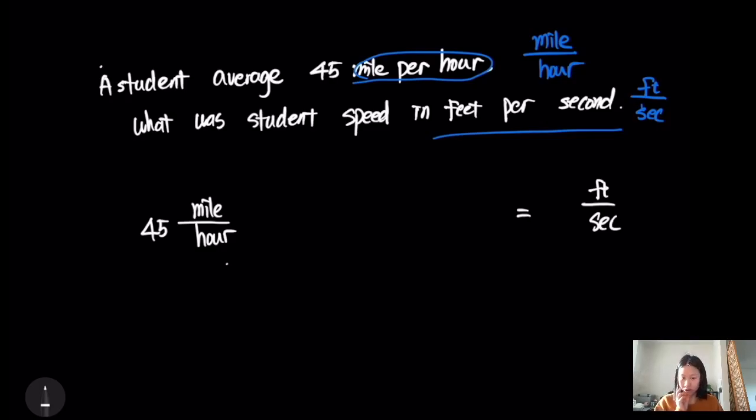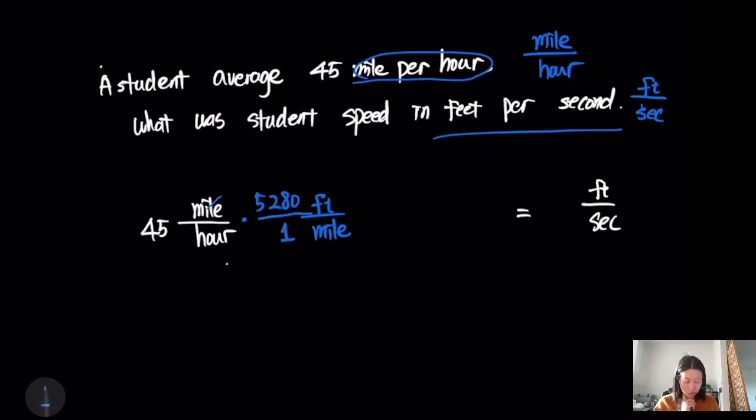We can do the distance first, since we already have the conversion factor for the distance. With the miles, we want to get rid of the miles, so the unit is going to be feet over miles, so that the miles can cross cancel. So the conversion factor here is 5,280 feet equivalent to 1 mile.